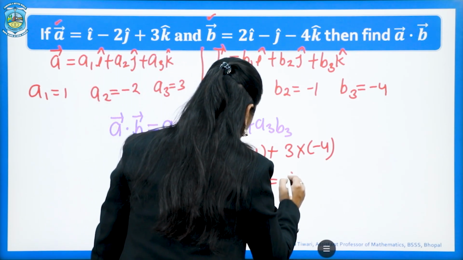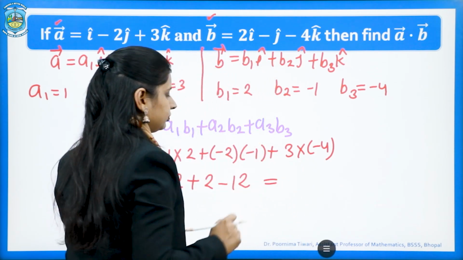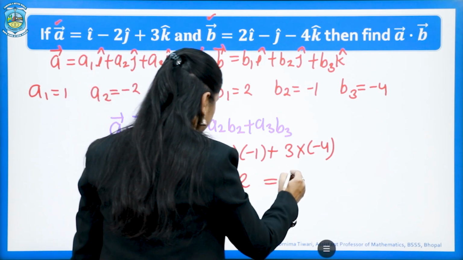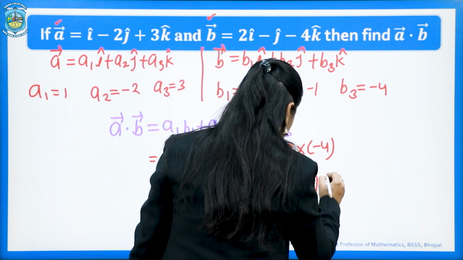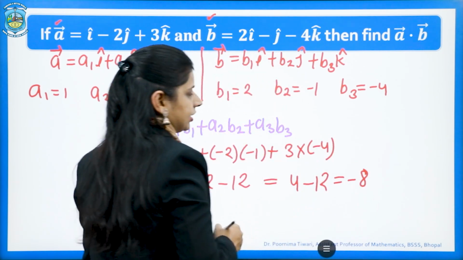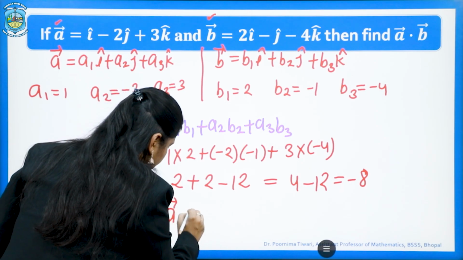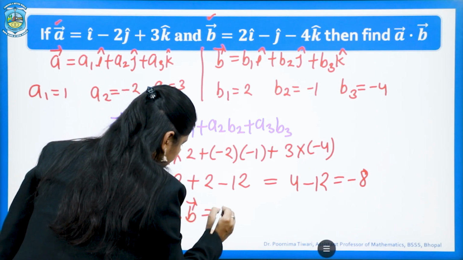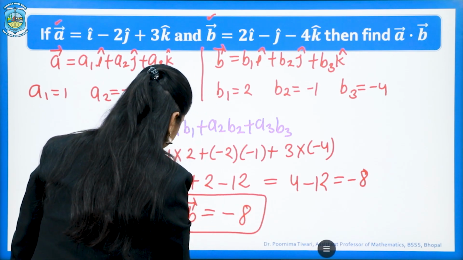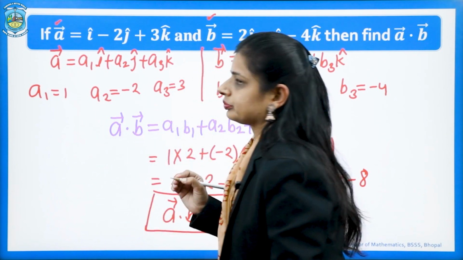So, we will get 4 minus 12 and it is equal to minus 8. Thus, in this case, dot product of these two given vectors A and B is minus 8. That's our answer.